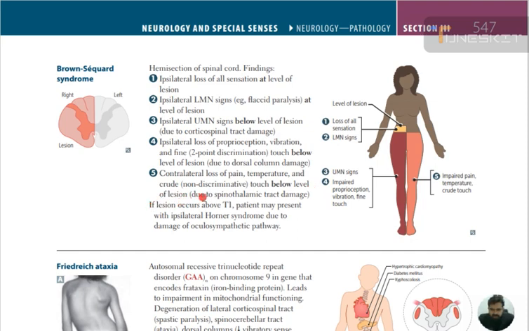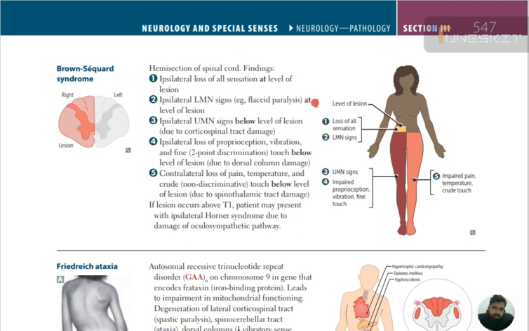If the lesion occurs above T1, the patient may present with ipsilateral Horner syndrome, as there is a sympathetic ganglion above T1. Due to this damage, there would be damage of the oculosympathetic pathways.